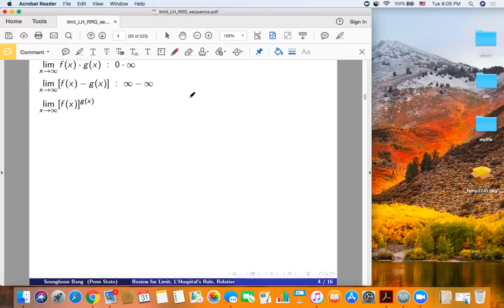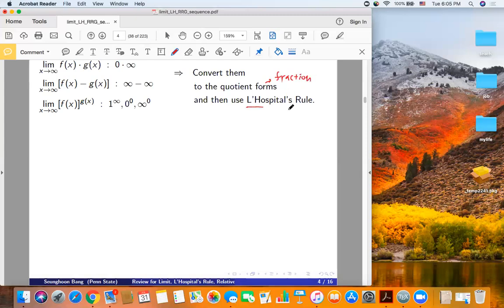The limit of f of x to the g of x has three indeterminate forms: 1 to infinity, 0 to 0, and infinity to 0. How can we solve them? Convert them to quotient form, which is like a fraction, and then use L'Hopital's rule.